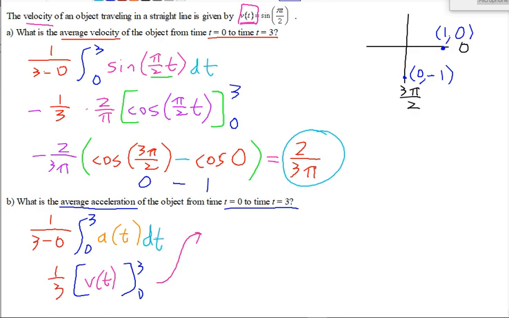So then we've got 1/3 on the outside. And then when you substitute 3 into velocity, that becomes the sine of 3 pi over 2 minus, when you substitute in 0, the sine of 0.